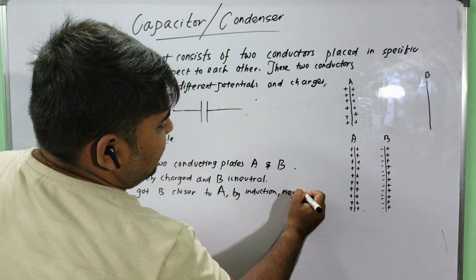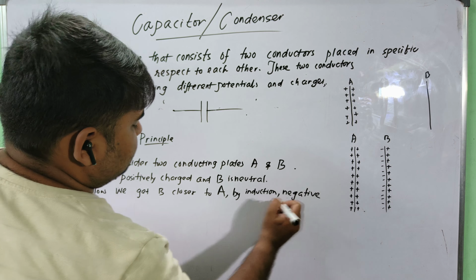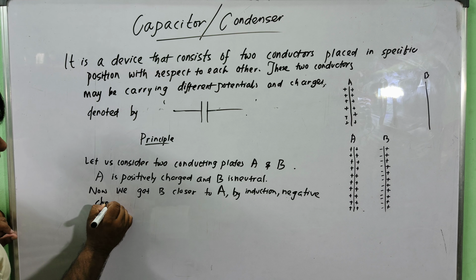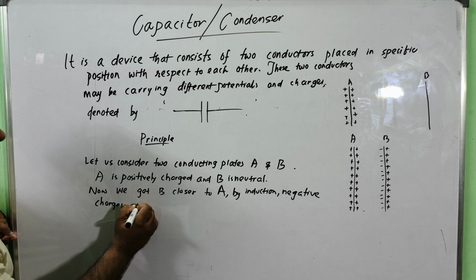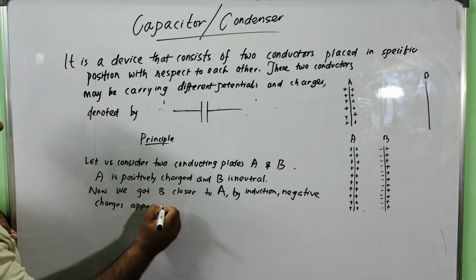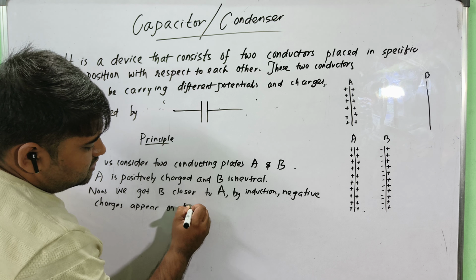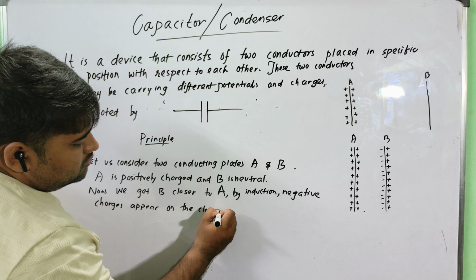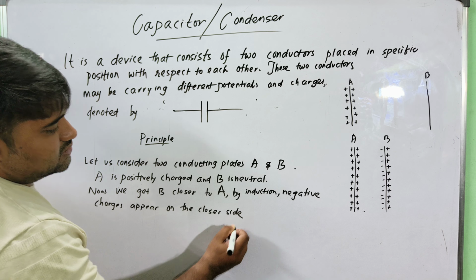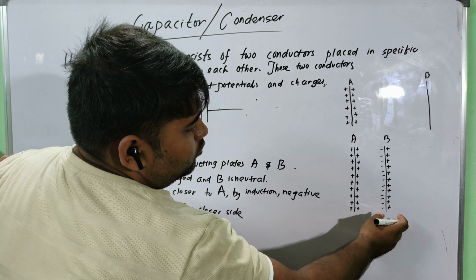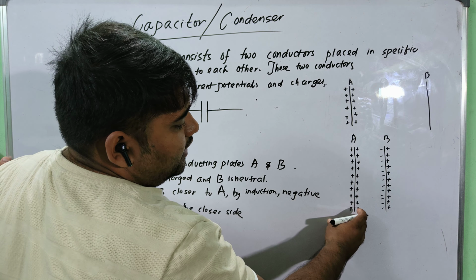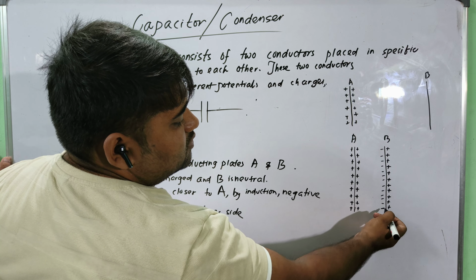negative charges appear on the closer side. Since you are just moving B closer to A, the closer side, the left side, will have negative charge.